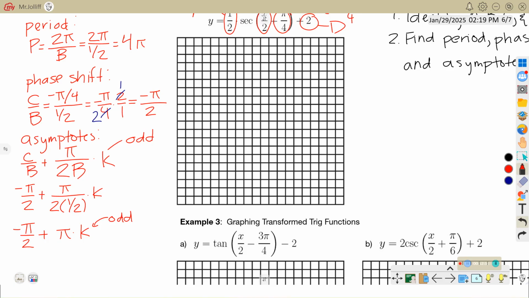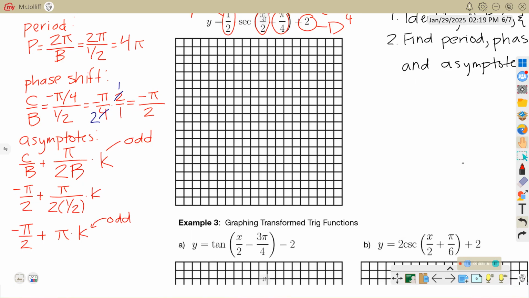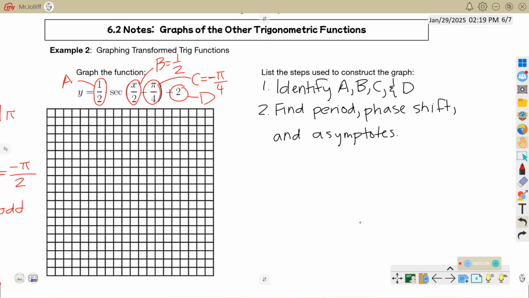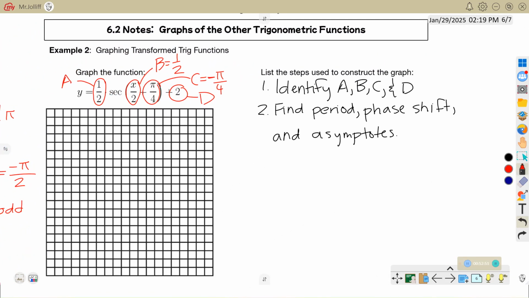We have done all the legwork. We now have enough information to start plotting stuff. And my recommendation is don't start with the curve, start with the boundaries to the curve. My next step when graphing is to graph the midline and the asymptotes.